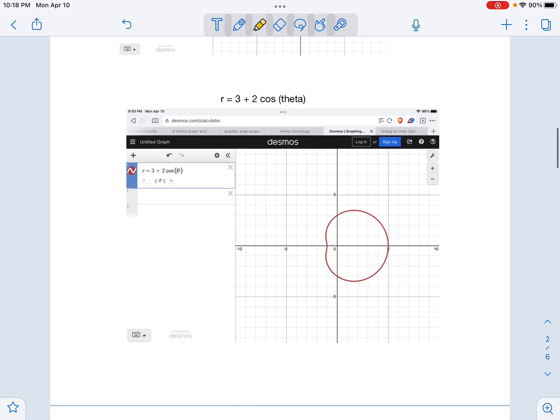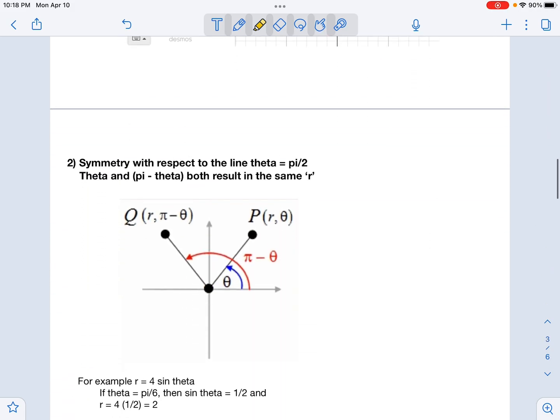The next one is symmetry with respect to the line theta equals pi over 2. That's this line. When something is symmetric about this line, you can see that this point P and this point Q are symmetric about it.